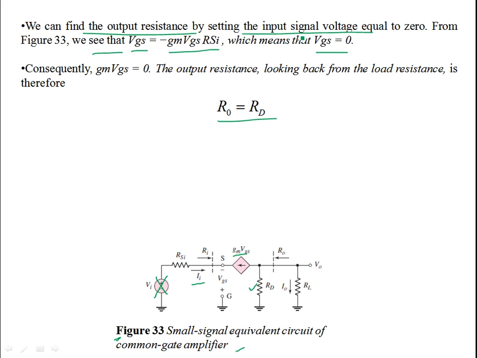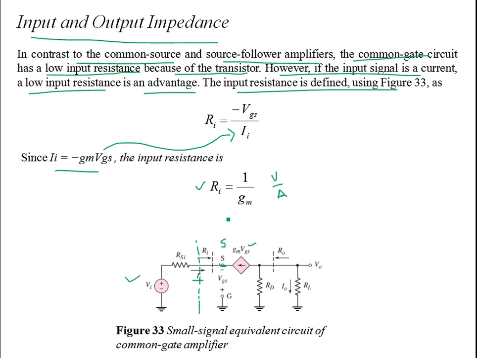There will be a loading effect because of the finite RD. Consequently, if you kill the input source Vi, then GM VGS is equal to 0. The output resistance, looking back from the load resistance, is therefore R naught equal to RD. So the output resistance is RD only, whereas the input resistance is 1/GM, which is small, and that is better for current amplification purposes.